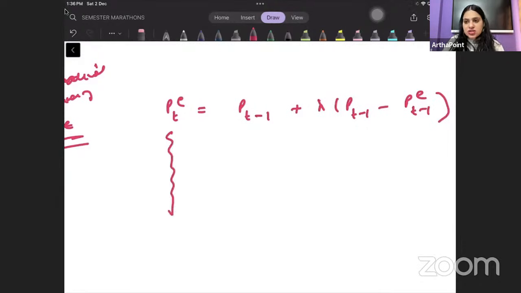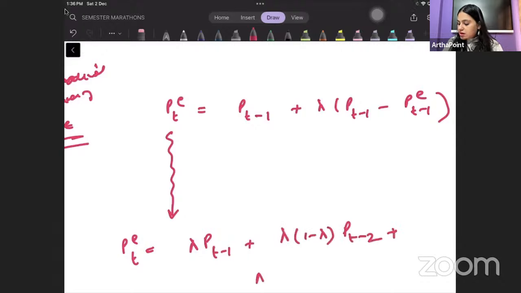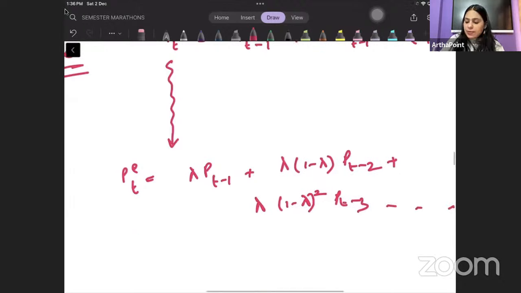From this, when we started solving this, तो end में हमारा adaptive expectation का formula कुछ ऐसा आ जाता है. lambda pt minus 1 minus lambda 1 minus lambda pt minus 2 plus lambda 1 minus lambda square pt minus 3 and so on. ये हमारा फाइनल आंसर आता है बेटा.